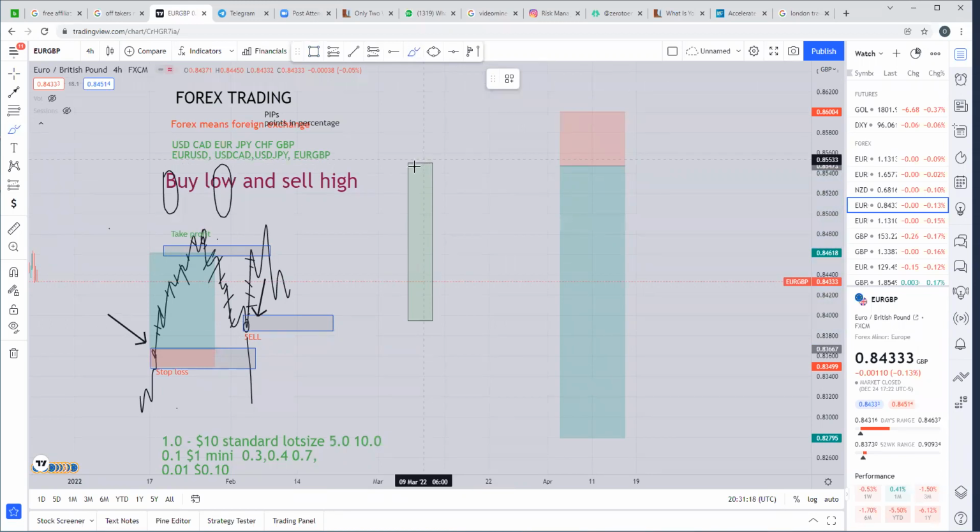Got some wick here. Why is it not wicking? Wick. And then it has some wick. Okay. And then this is a bearish candle.